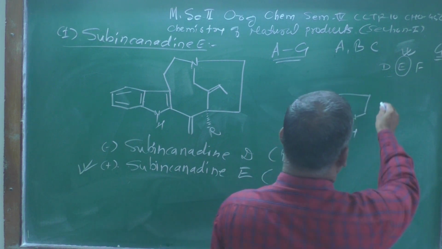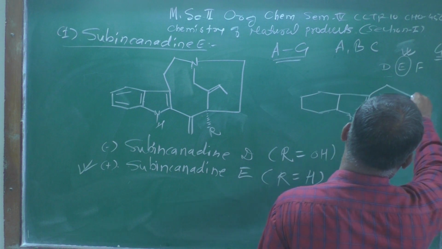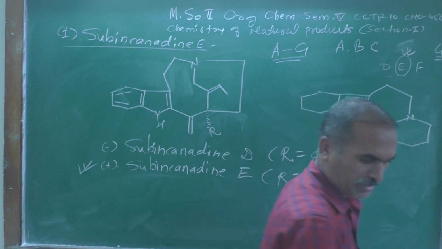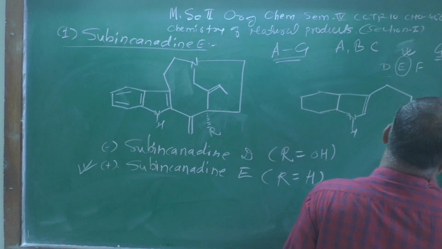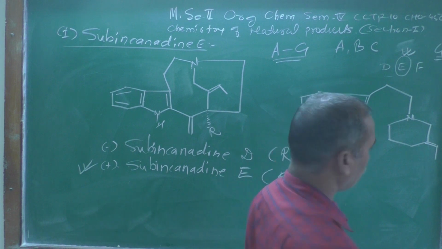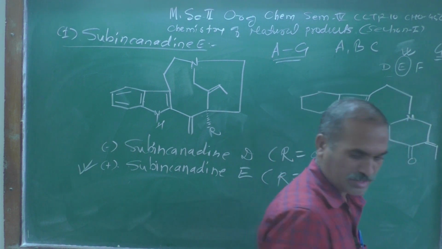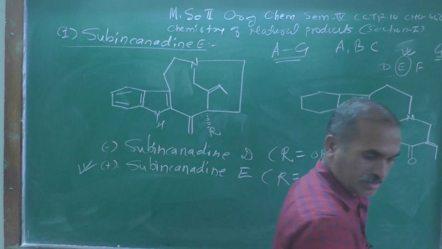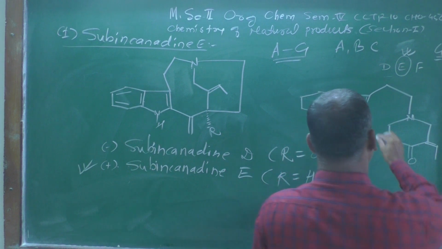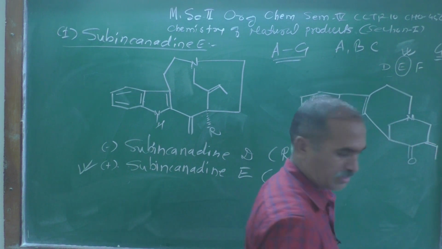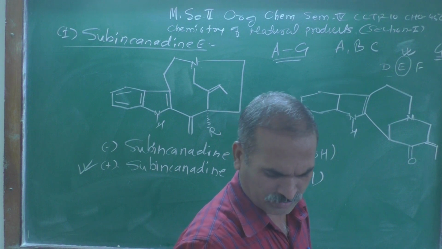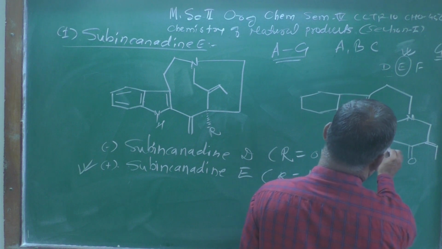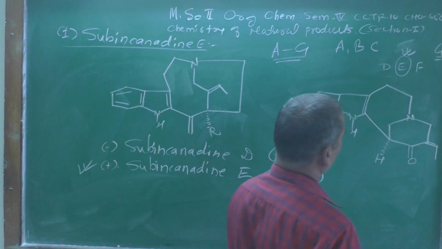The structure which we are going to show here has a nitrogen atom, then here will be a 6 membered ring, here is a double bond, one methyl group over here, there is a carbonyl group, an alpha beta unsaturated compound, and then this is the bond which is going to attack over here, and this is a structure where there is a hydrogen atom that goes below the plane.